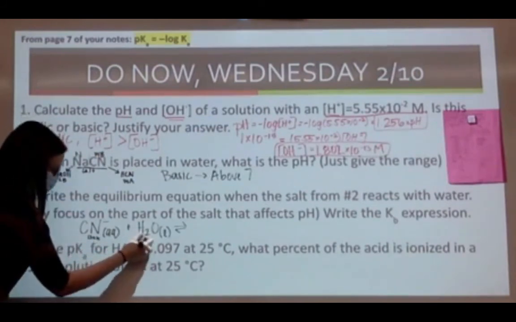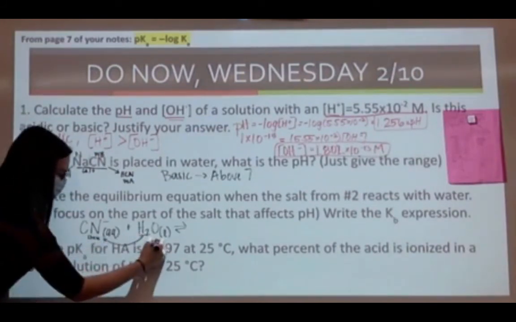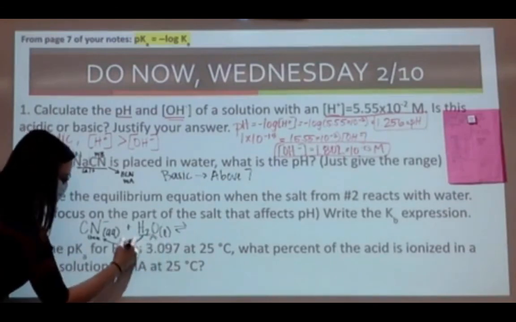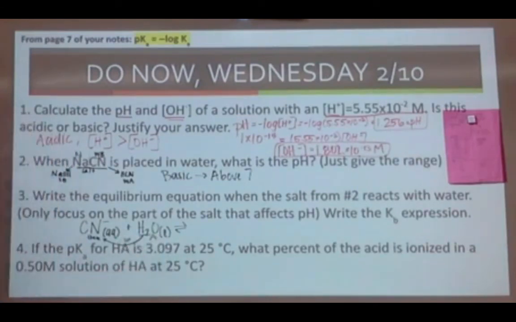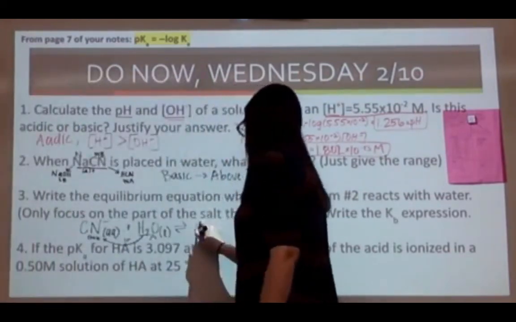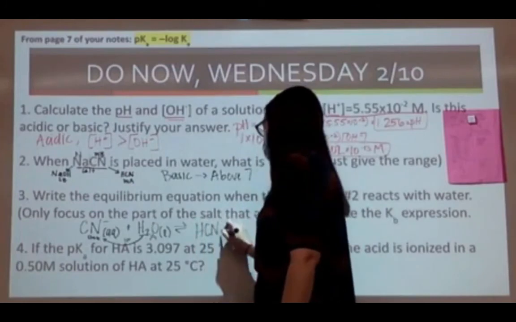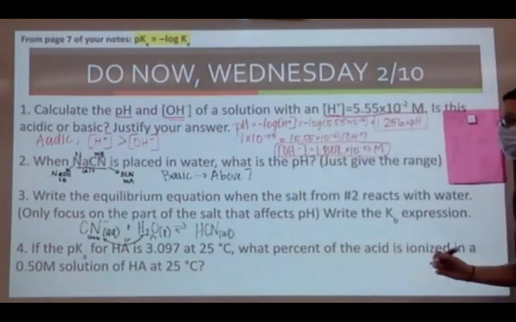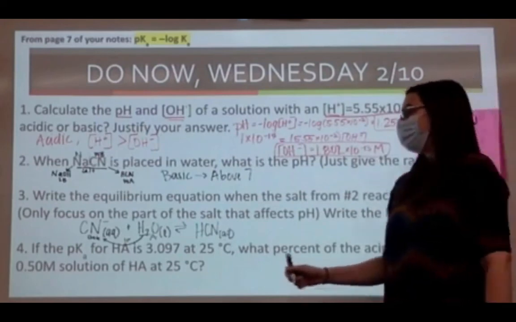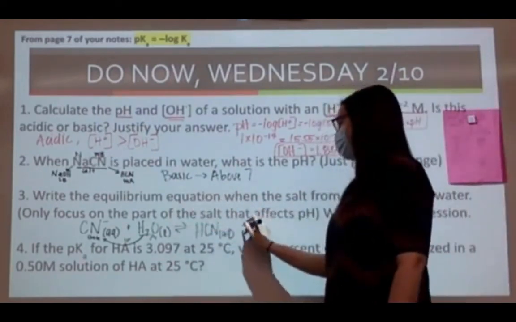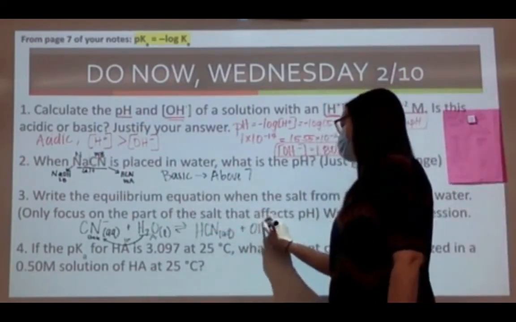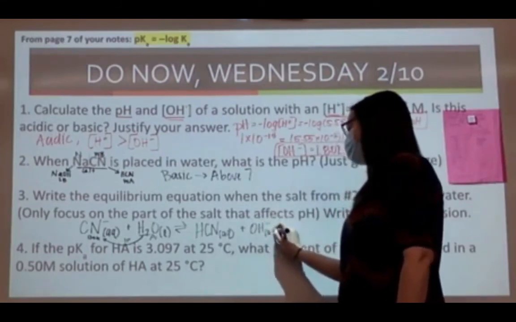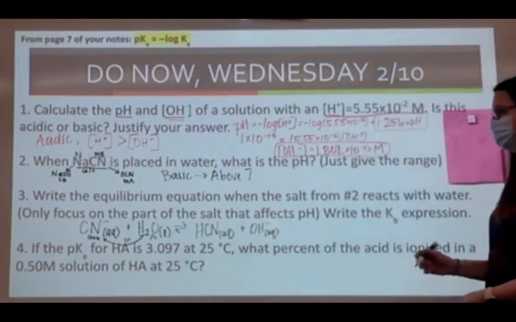So what that means is water is going to act as the acid, donating one of its H pluses to CN minus. CN minus will become HCN. Remember, all acids are aqueous. And once water donates its H plus, it becomes OH minus, and ions are also aqueous.